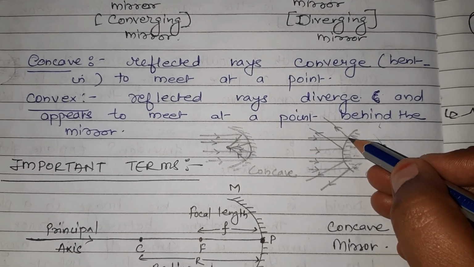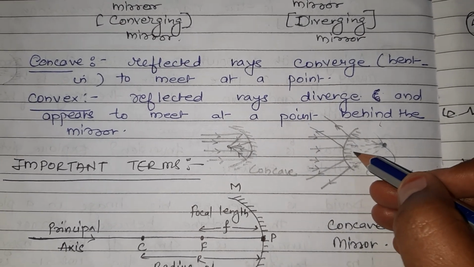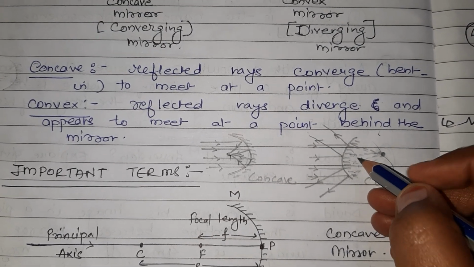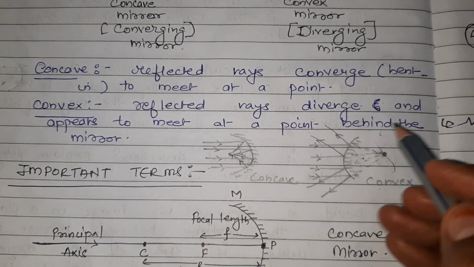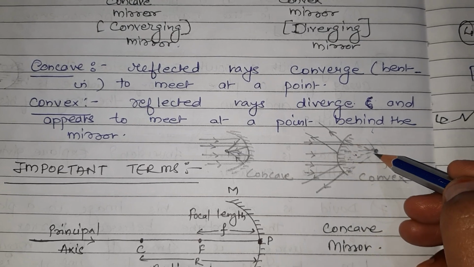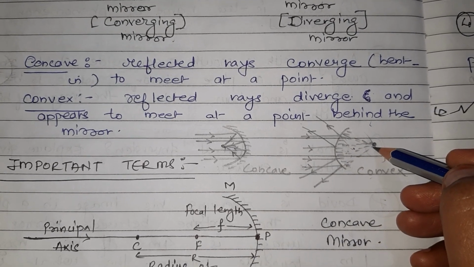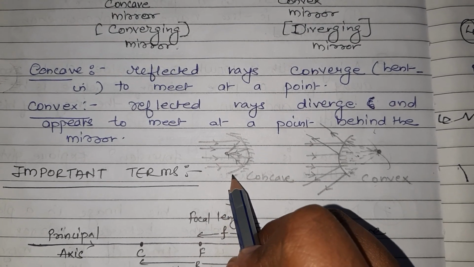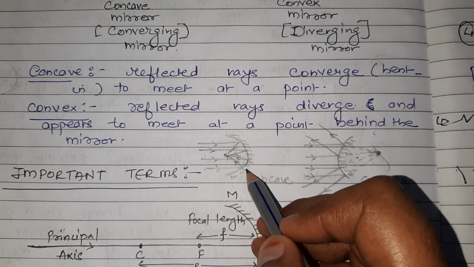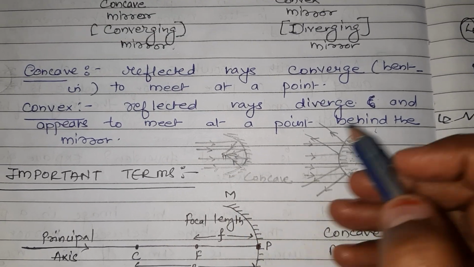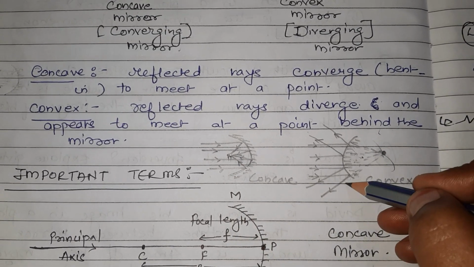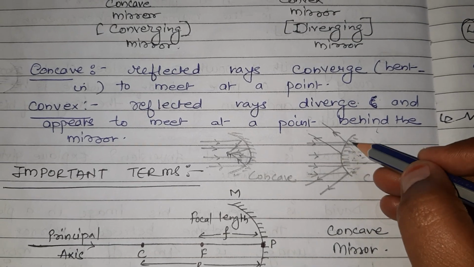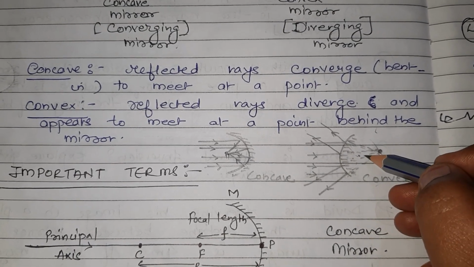So when we extend these rays behind the mirror, you will get a point. It means that these reflected rays appear to meet at a point behind the mirror. So the image formed by the concave mirror is formed when the reflected rays are converging inward, whereas the image formed by the convex mirror is formed only when the reflected rays appear to meet; they do not actually meet.